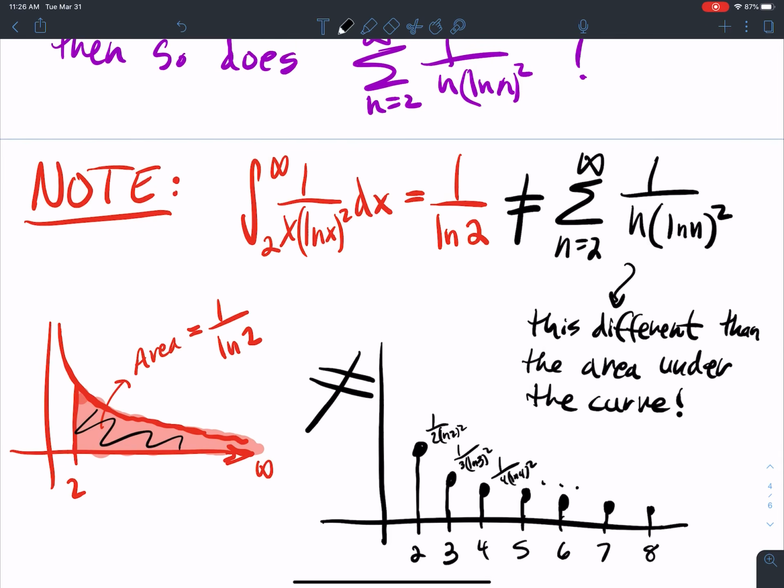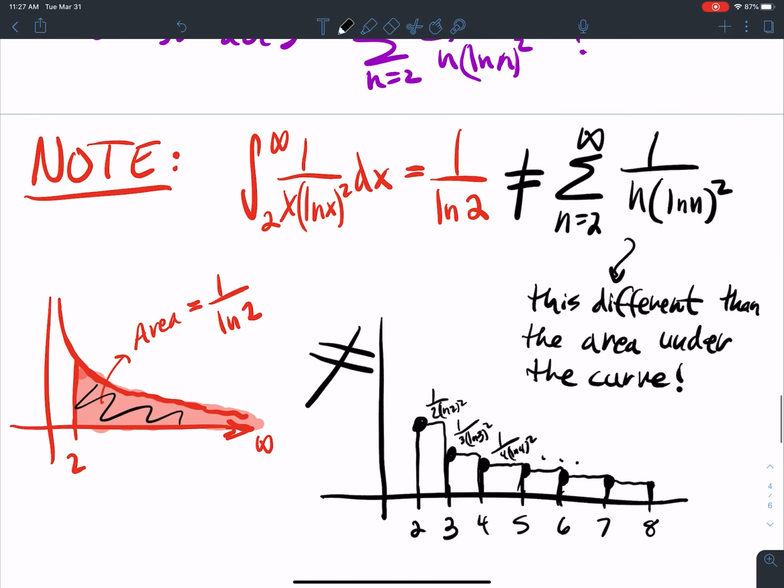Okay, so hopefully that will help you out. It's almost like we're finding areas of these rectangles here. So maybe we're doing like left endpoint rectangles.